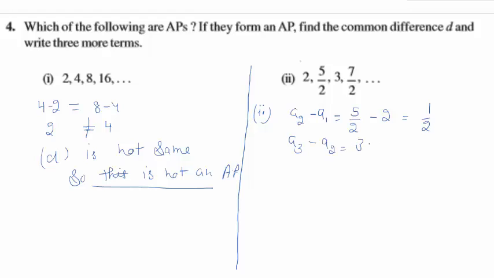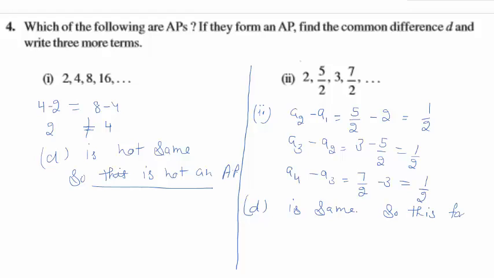This is 3 minus 5 by 2, which is again half. Now A4 minus A3 is 7 by 2 minus 3, and again half. So the common difference, that is small d, is the same. So this is an AP.